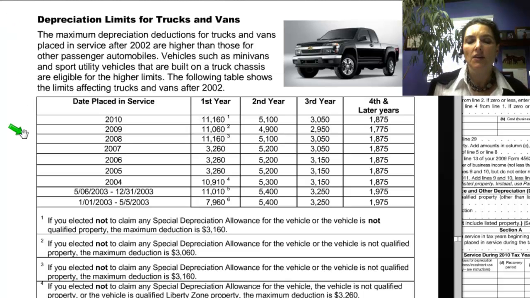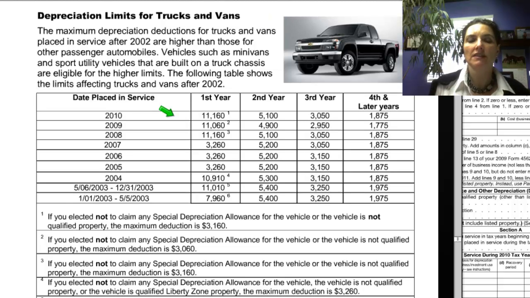So essentially, we have a passenger automobile limit that affects automobiles weighing less than 6,000 pounds. And if you have a pickup truck, for example, that weighs less than 6,000 pounds, then it's still going to be affected by these limits. However, because the pickup truck is built on a truck chassis, it gets a slightly higher limit.